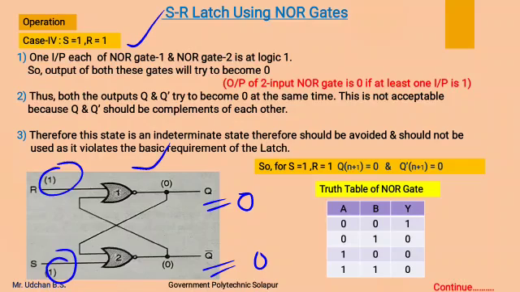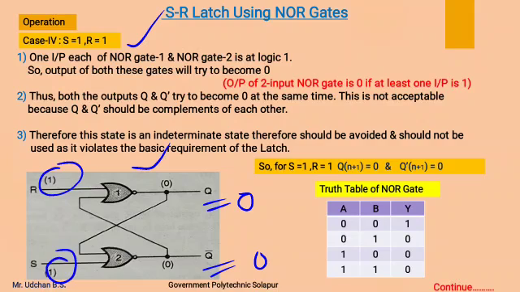This is not acceptable because Q and Q complement should be complements of each other, and as we find here both the outputs are 0, which is not acceptable. So we should avoid this condition and it should not be used as it violates the basic requirements of a latch.